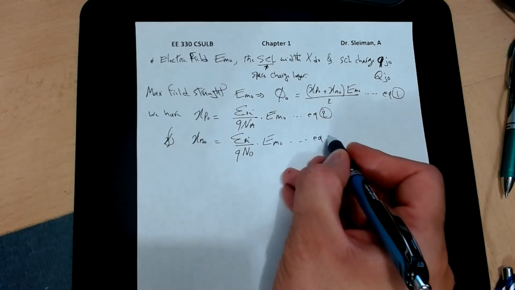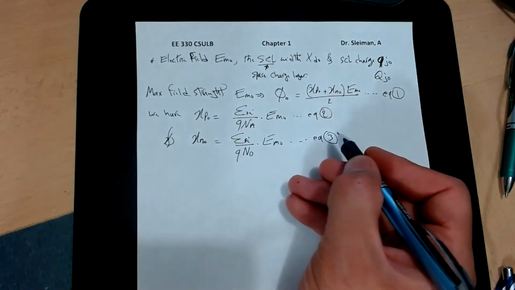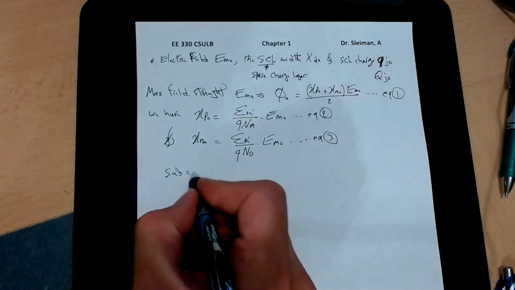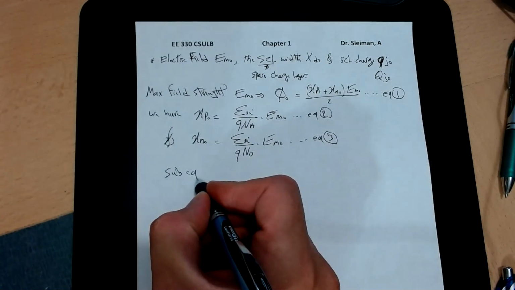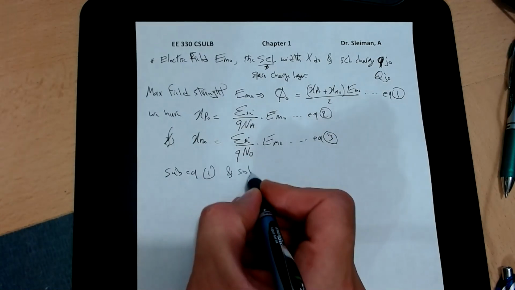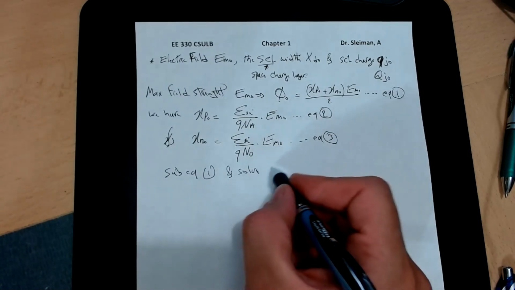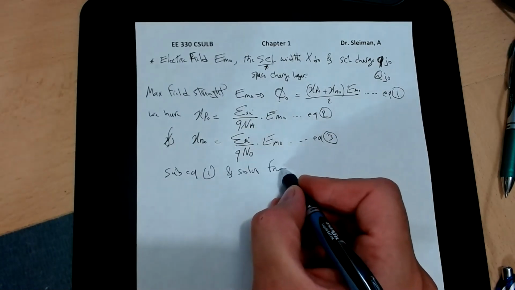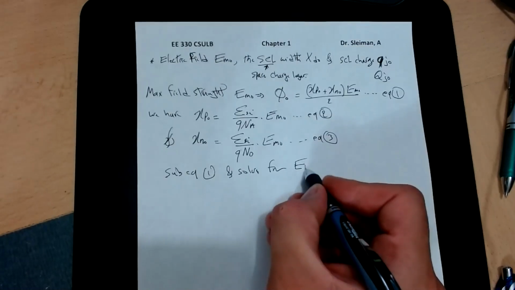That's going to be our equation number 3. We're going to substitute into equation 1 and solve for Em0.